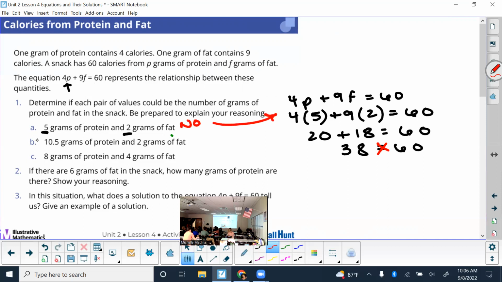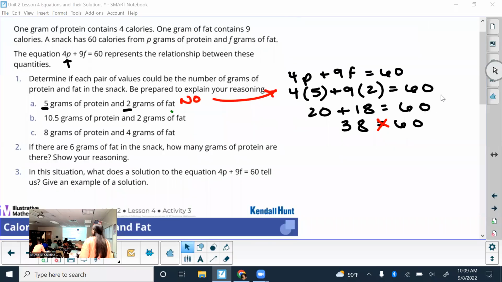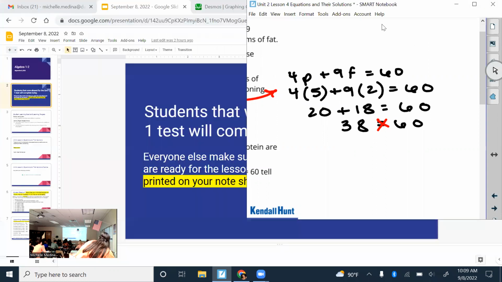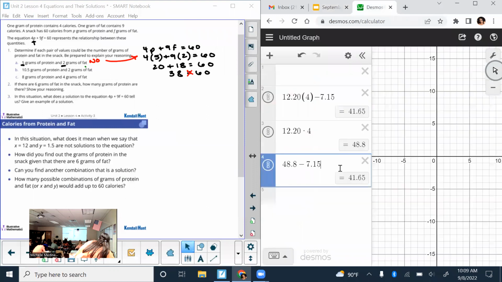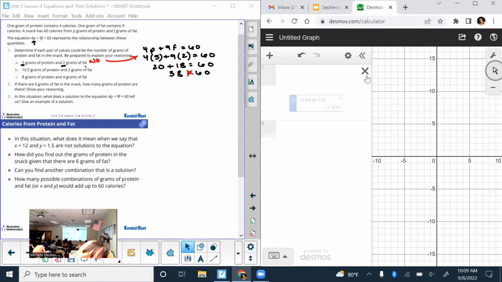Now with you and your partner, answer these next two, we'll go over them. Is the combination of 10.5 grams of protein and 2 grams of fat a solution? Let's see. All right, so my equation, where do I plug in the 10.5?